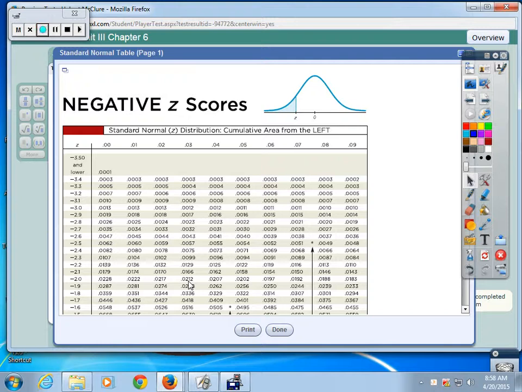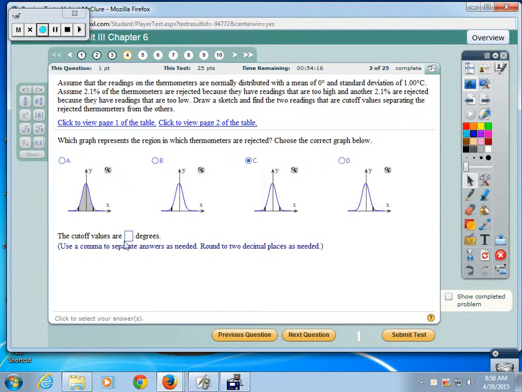So that's negative 2.03, right? Negative 2.03 is what I got. And the other one's going to be 2.03 on the positive side, I think. Should be the same. But we'll look.